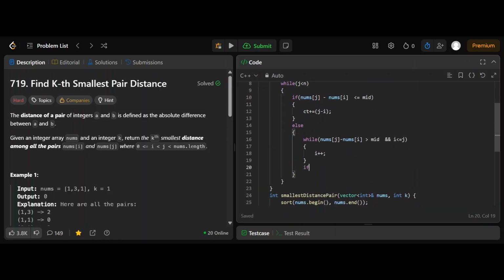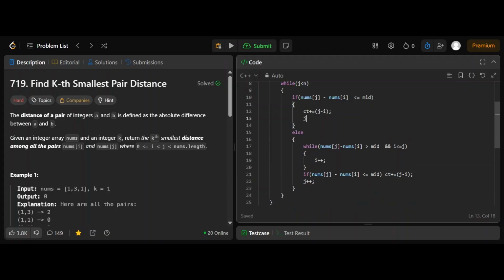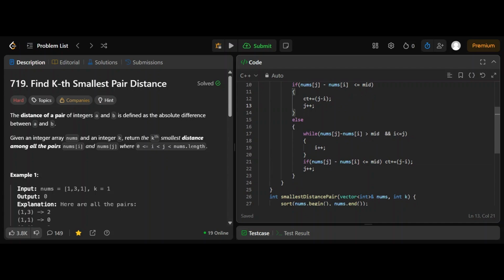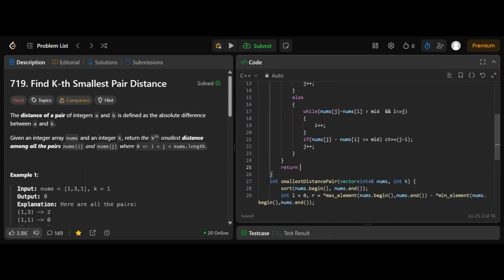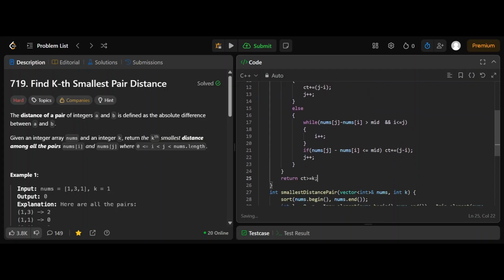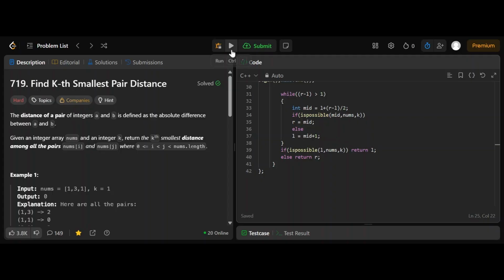After coming out, if again nums j minus nums i is less than or equal to mid, we'll do count plus equal to j minus i, and j plus plus, here also and here also. Then we return whether this count is greater than or equal to k. Let's see how it is working.